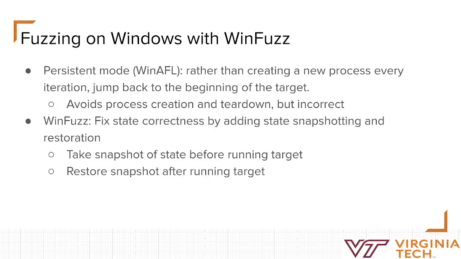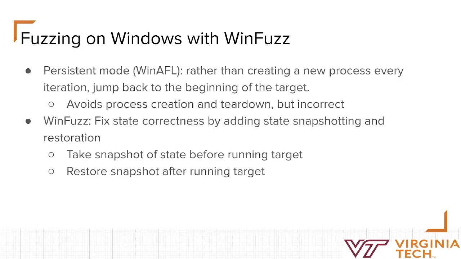There's an existing Windows fuzzer called WinAFL, which uses what's called persistent mode. The idea behind that is, what if instead of creating a new process every time we wanted to run the target, we just jumped back to the beginning of the target? This way we can avoid the process creation and teardown code, which is nice because we get to take off a lot of overhead.